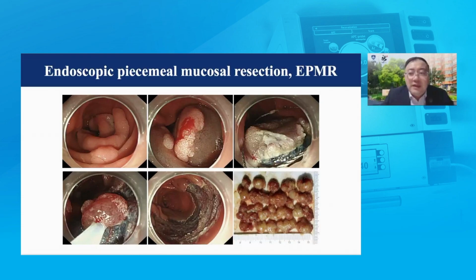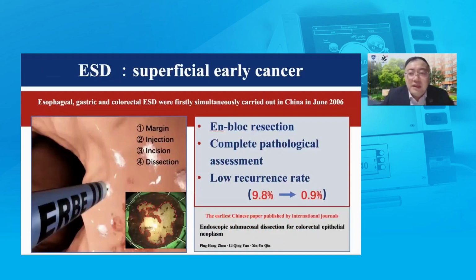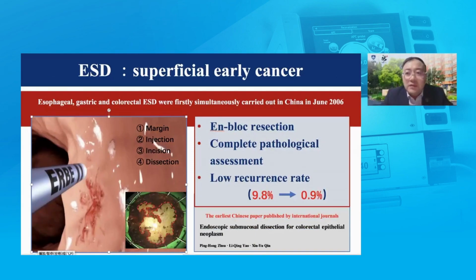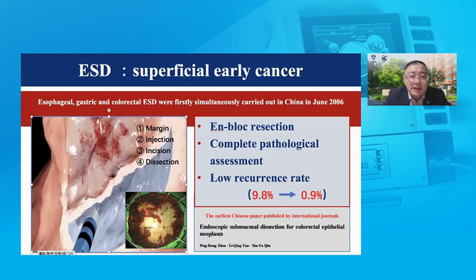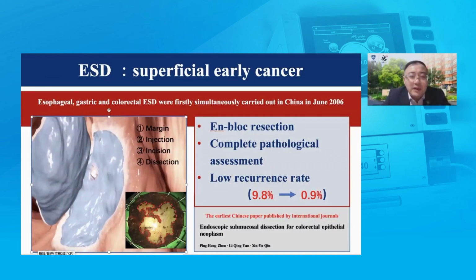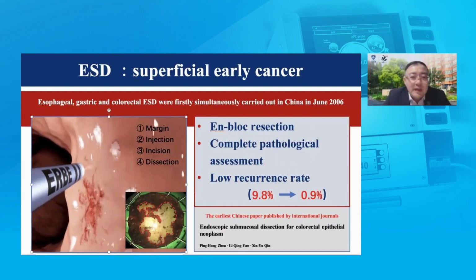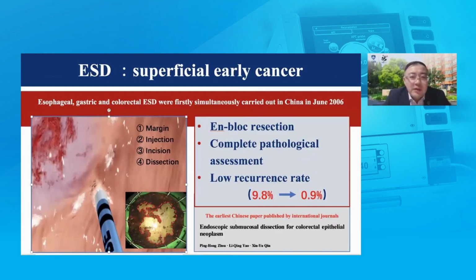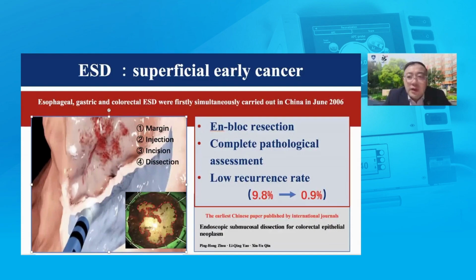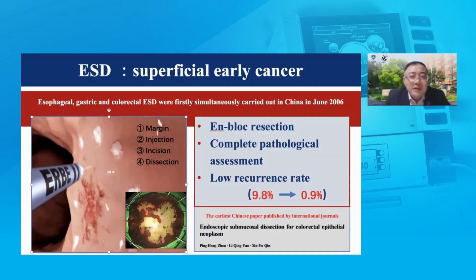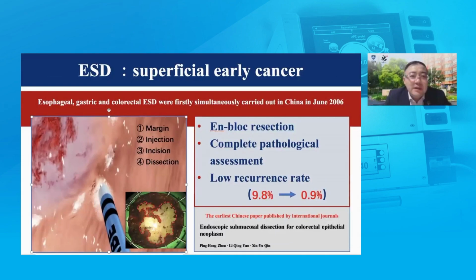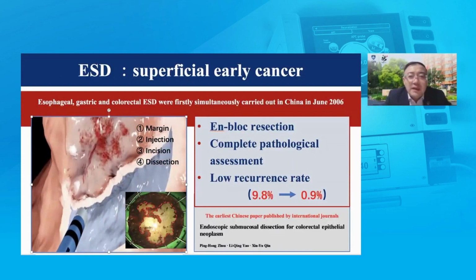So from the 1990s in Japan, a new technique named ESD was performed just in order to remove the whole lesion in one piece and provide the precise histology. In July 2006, we performed ESD in the esophagus, stomach, and colorectum at the same time.